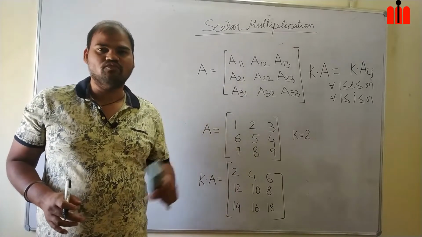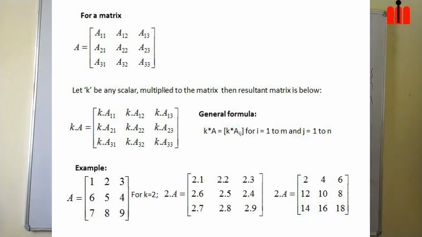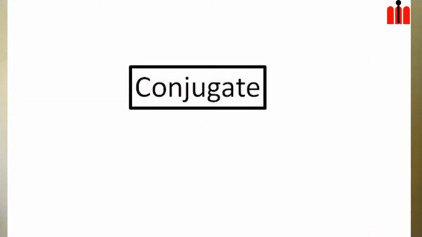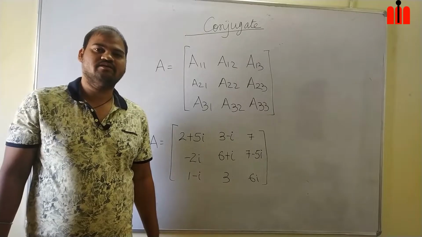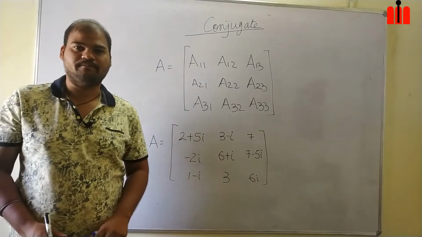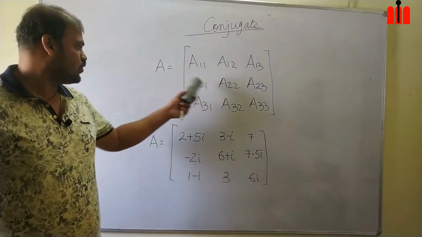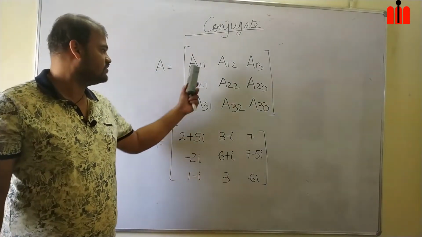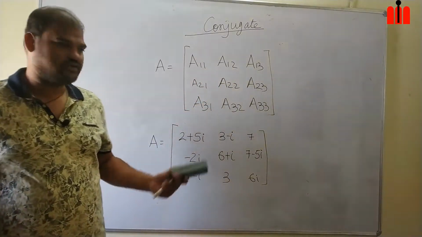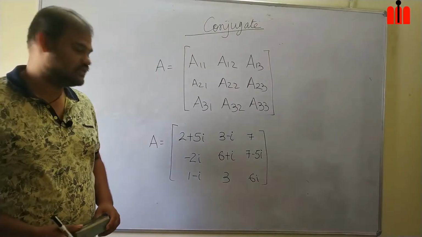Now let's move on to the next section. In this section, we will discuss conjugate. So this is my matrix A, whose elements are a11, a12, a13, a21, a22, a23 and a31, a32, a33.